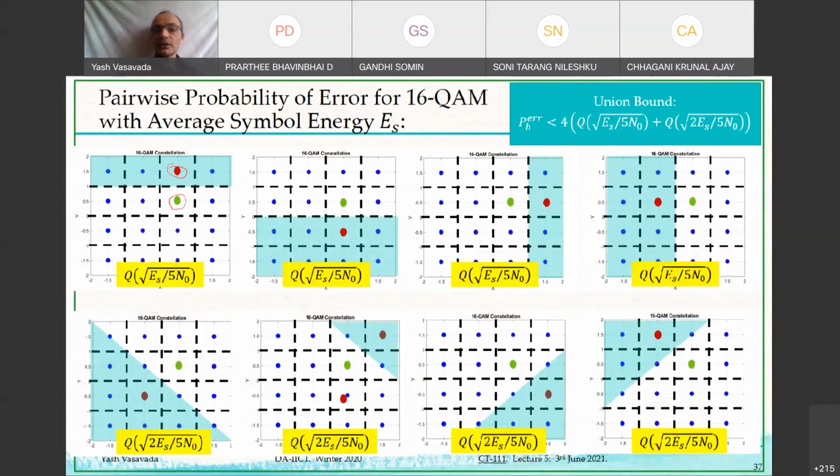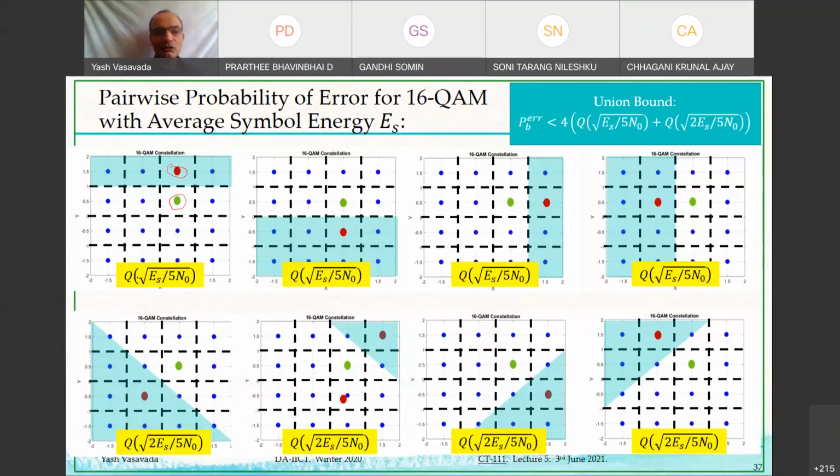The sum or the union. And that is where the word union comes. We are taking a union of all of these shaded regions. And that union is obviously going to be covering that shaded region that we had seen 2 slides ago. And so that is why this is called the union bound.